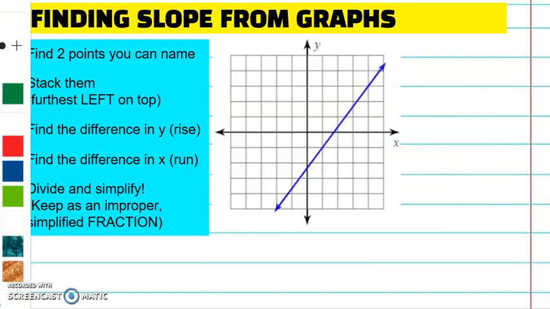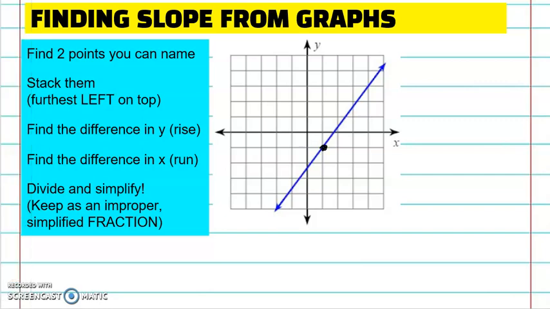Okay, let's do it one more time and then we'll explore some of our other options here. Okay, so find a point, label it 1, -1, and then we go find another point that we can name. Okay, and this goes 1, 2, 3, 4. It goes up 1, 2, 3, so 4, 3, right? So I'm going to stack them.